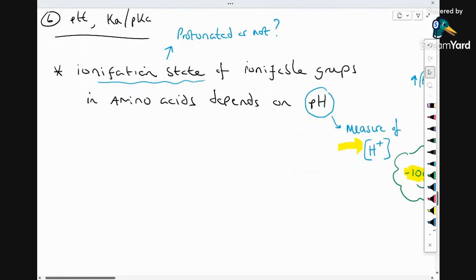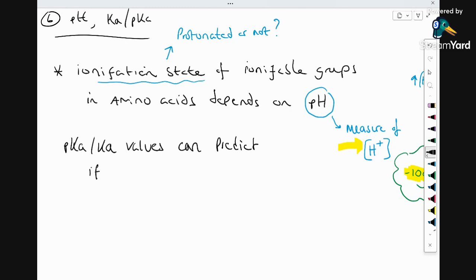So we've talked about ionizable groups, and essentially what Ka values and pKa values allow us to do is predict whether we're going to be protonated or not. Okay, so pKa and Ka values can allow us to predict if the chemical group we're looking at, the ionizable group, will be protonated or not.